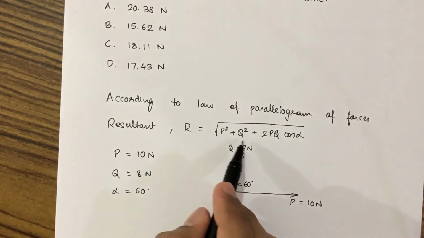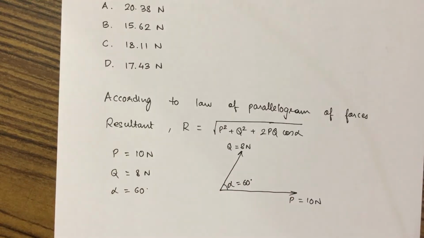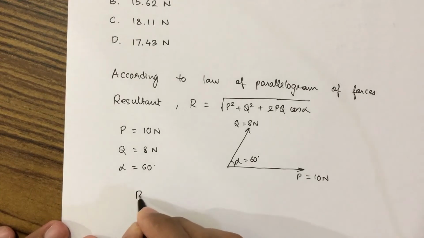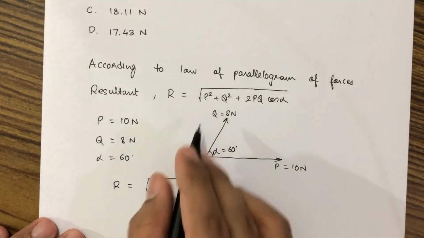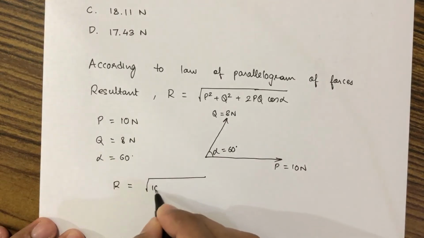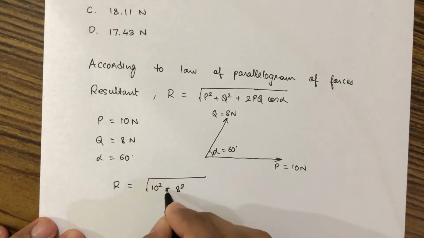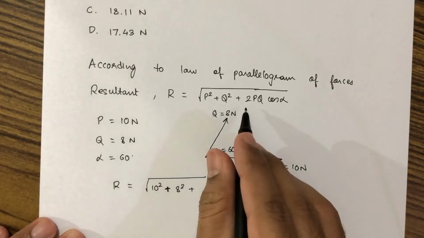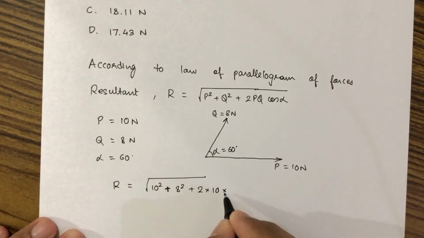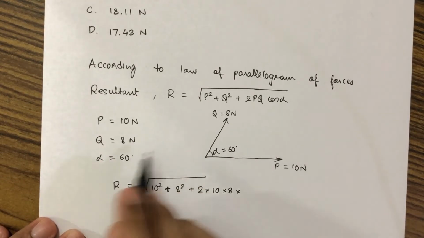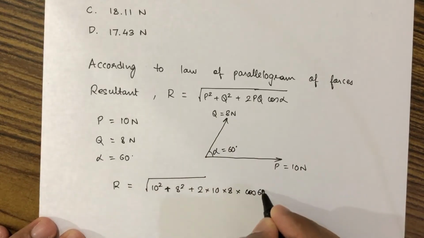So simply substituting all the values, we will get the magnitude of the resultant. So here R is equal to square root of 10 square plus 8 square plus twice of P into Q, that is 10 into 8, into cos of 60 degree.